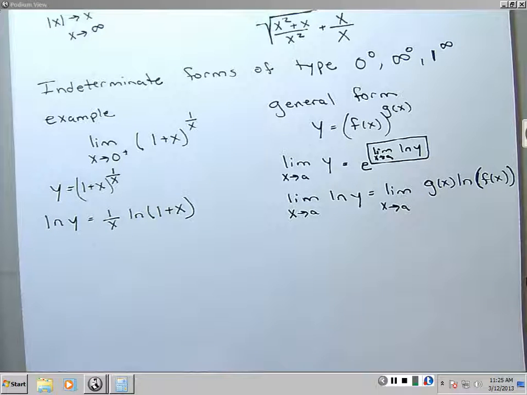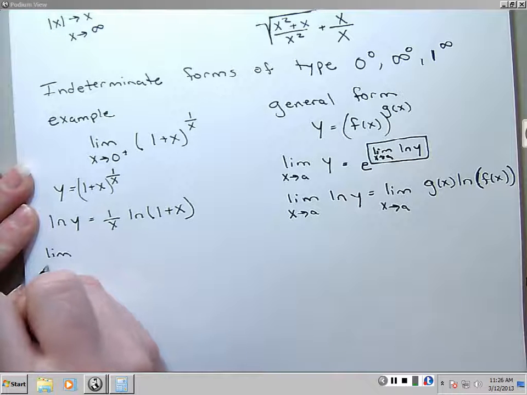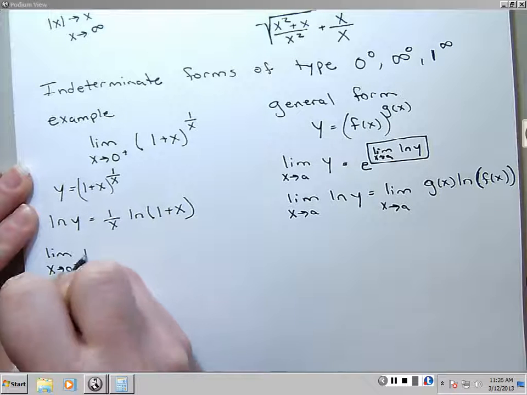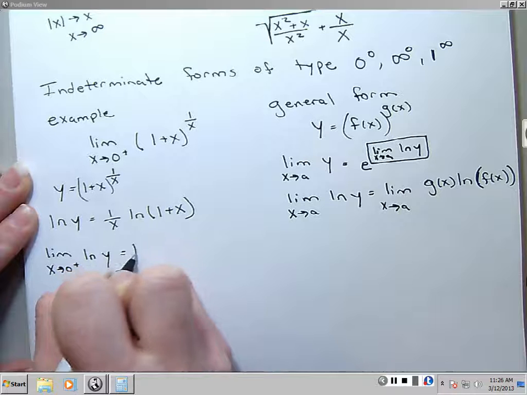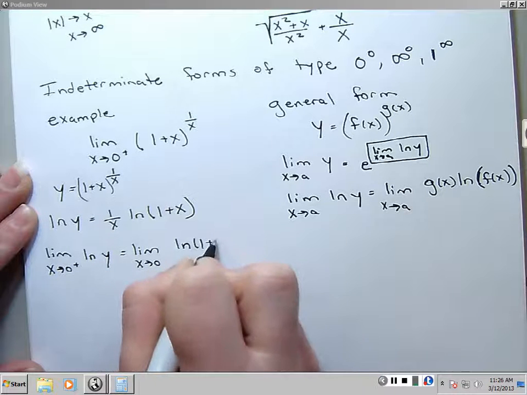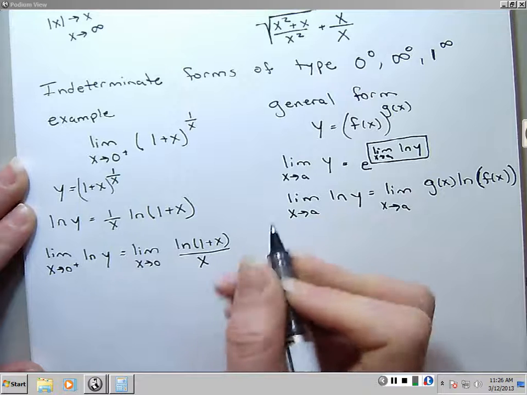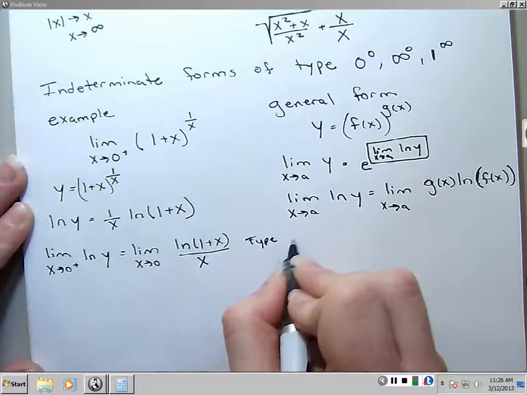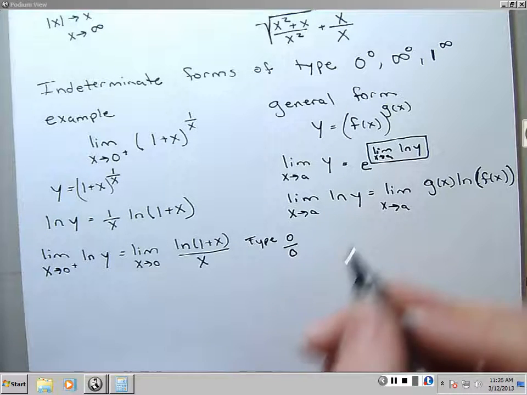You guys remember doing this? So if I want to evaluate the limit as x goes to 0 of ln of y, that's the limit as x goes to 0 of ln of 1 plus x over x. So this is type 0 over 0, right?